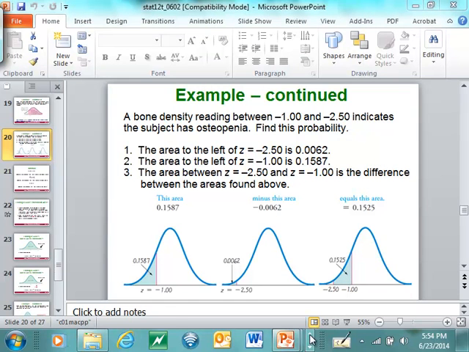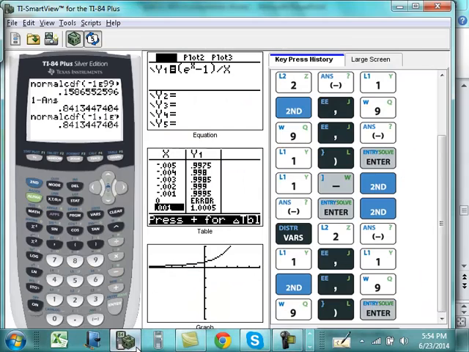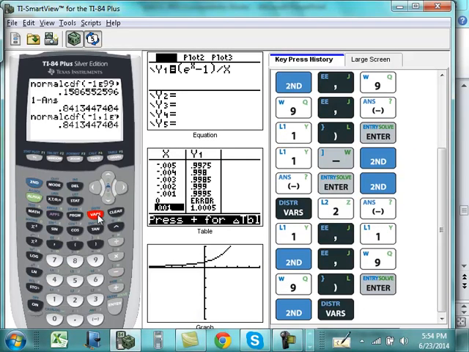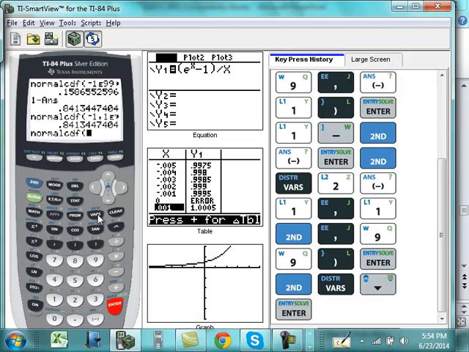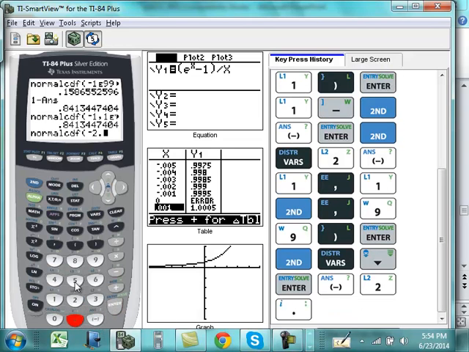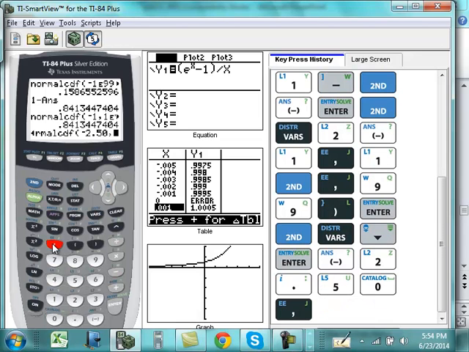Pull up my calculator again. There's my calculator. All right, we want to go to normal CDF under the distribution menu, normal CDF, left endpoint, negative 2.50, comma, and the right endpoint is negative 1.00.